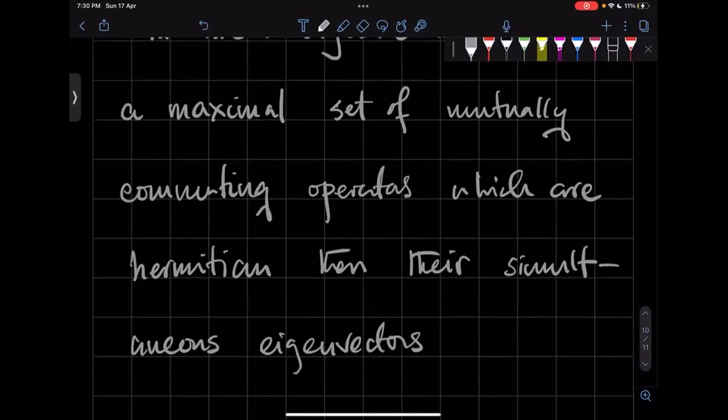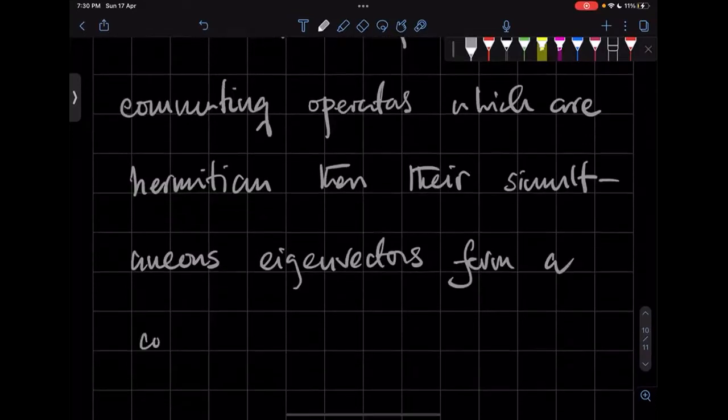meaning vectors which are eigenvectors of all the operators which are commuting, form a complete and orthonormal basis, right?